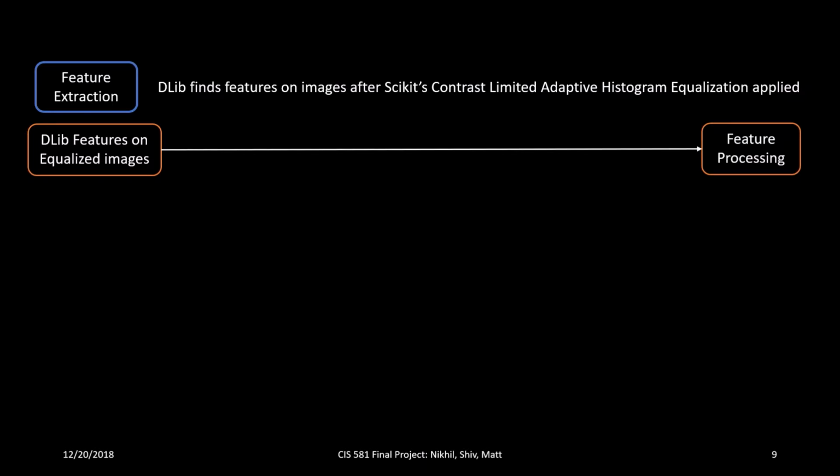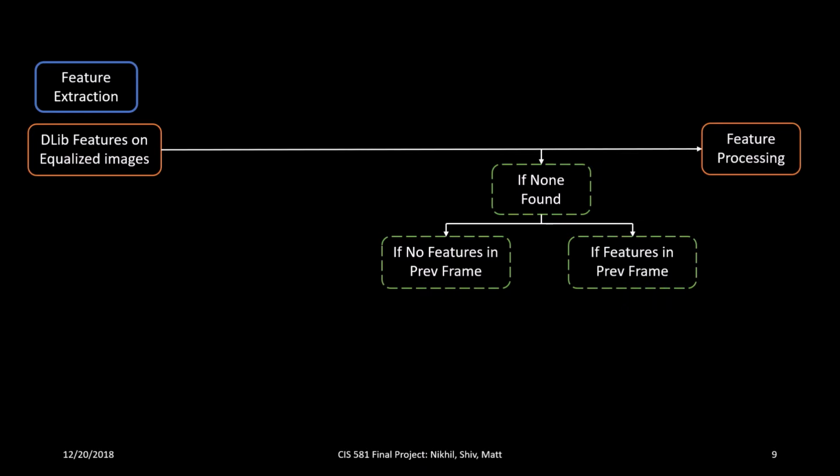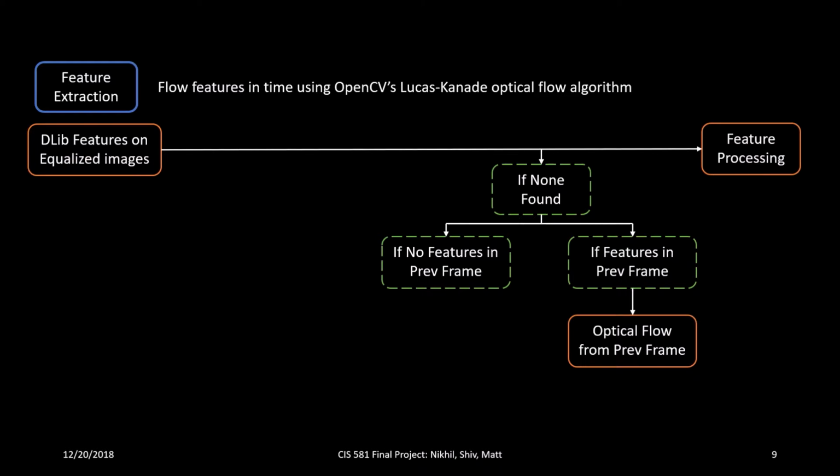So we use dlib on features that are gotten from images that have been contrast limited adaptive histogram equalized. That improves feature recognition rate. So there are a few conditions before we pass the features in the image to be low pass filtered. First, if no features are found, we care about whether we have features in the previous frame or not. If we do, then we can use optical flow to flow those features forward in time to the current frame.